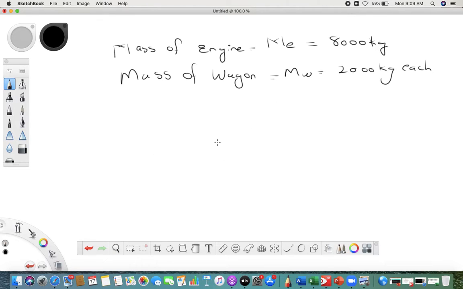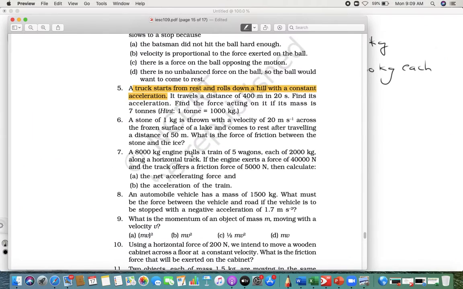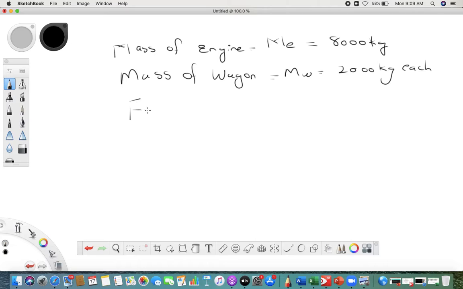Third thing, the engine exerts a force. So the force exerted by the engine, Fe, is 40,000 Newton.